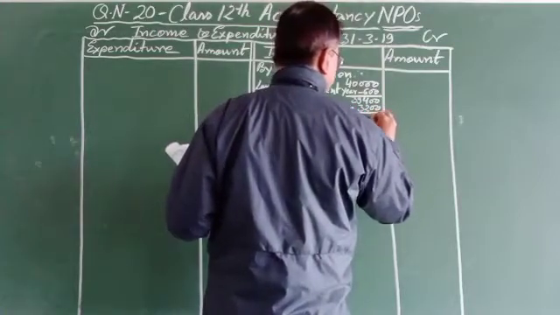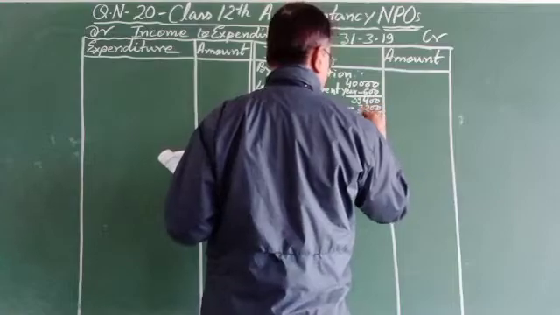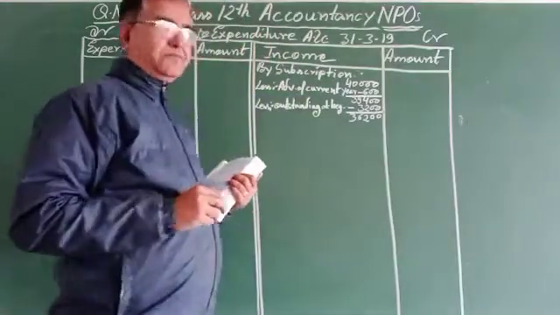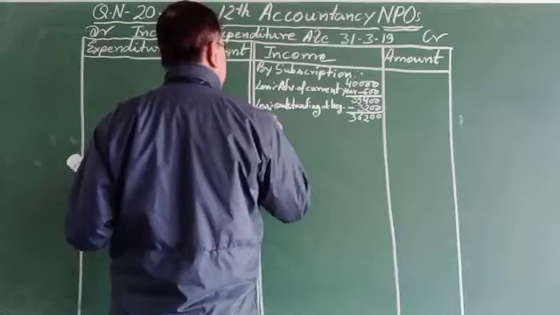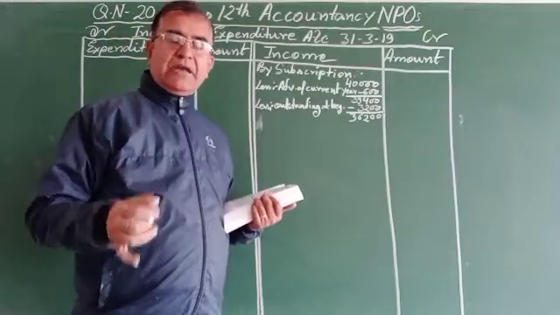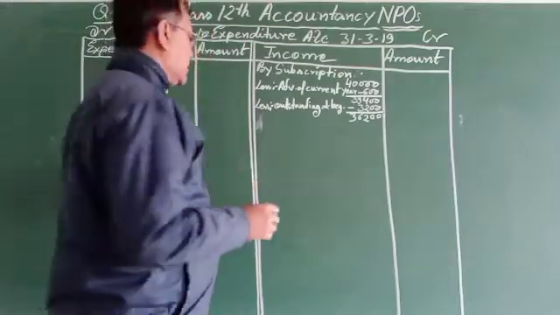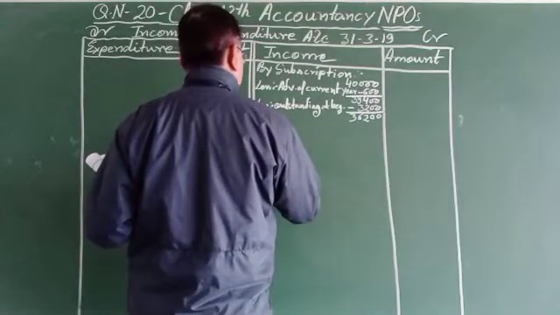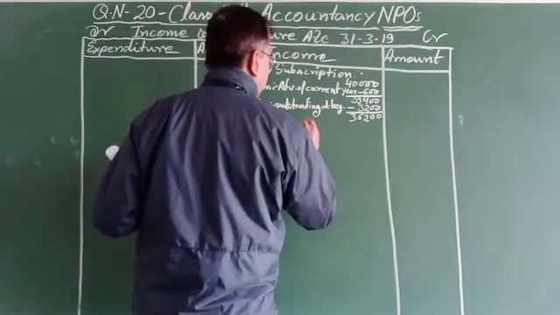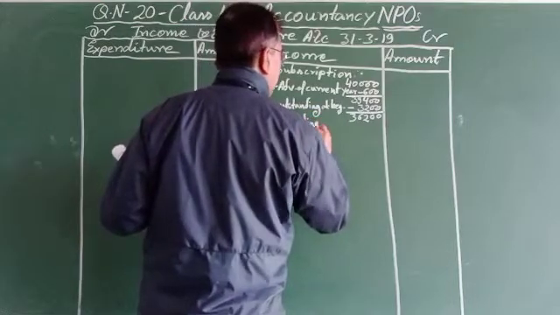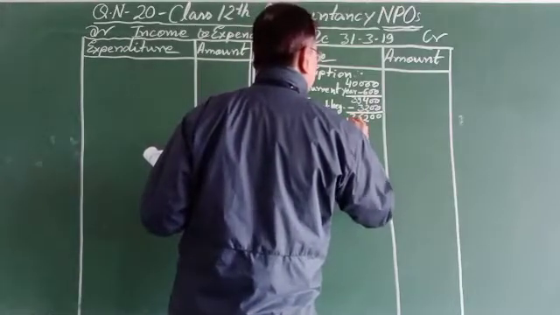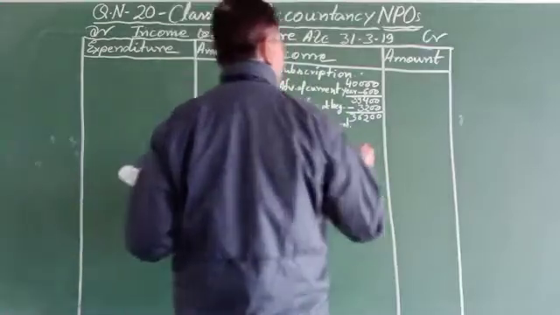So it comes to 36,200. Then outstanding of the current year will be added, that is given 4,500.